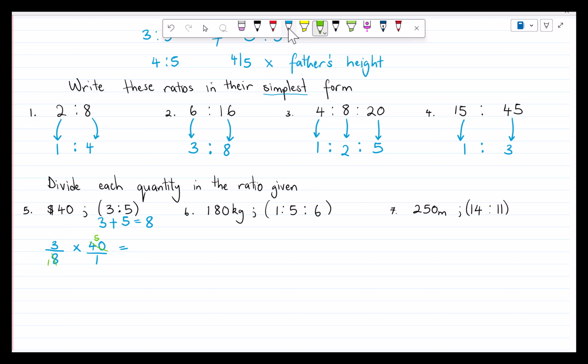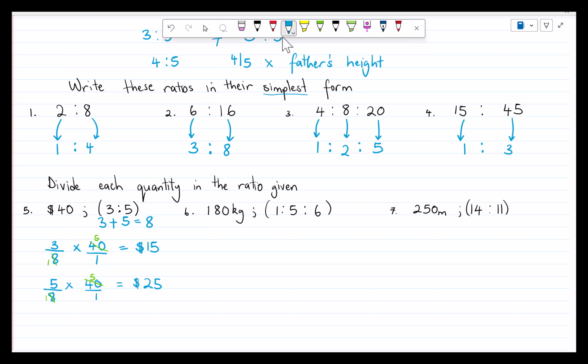Now we have 3 times 5, which is 15. And remember the units, so we have $15. And then for 5, we have 5/8 times 40 over 1, which is equal to, again, 8 into 8 is 1, 8 into 40 is 5, then we have 5 times 5, which is 25.